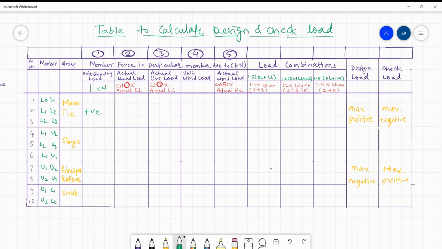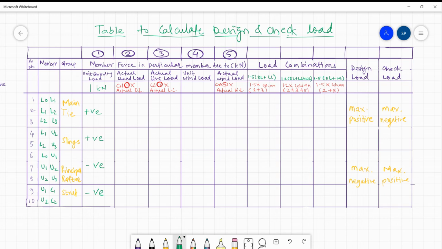Then you have to enter values for slings as well, and for the principal rafter these values will be negative because the principal rafter and strut are subjected to compression, and according to sign convention we assume compressive forces to be negative in nature.